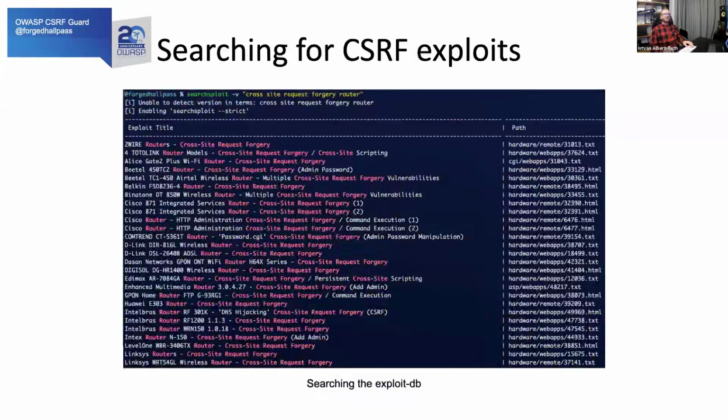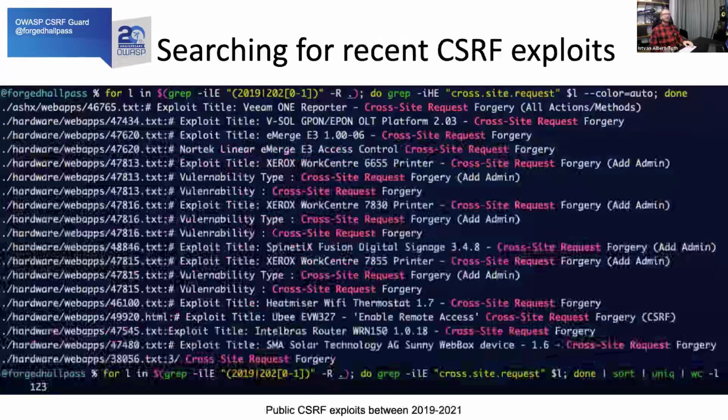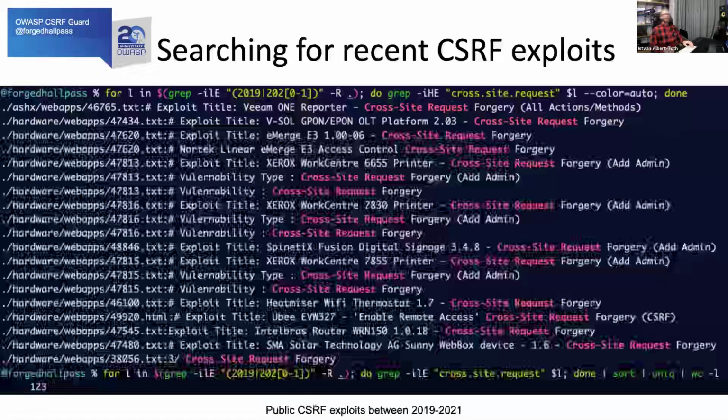So I was curious to see what public exploits there are currently. Doing a quick search on ExploitDB returned quite a few results, and I looked into it just to see whether there were any payloads in the last 2 years.